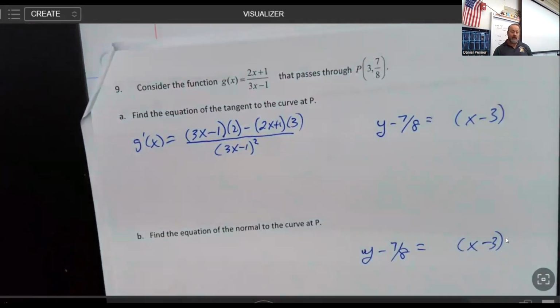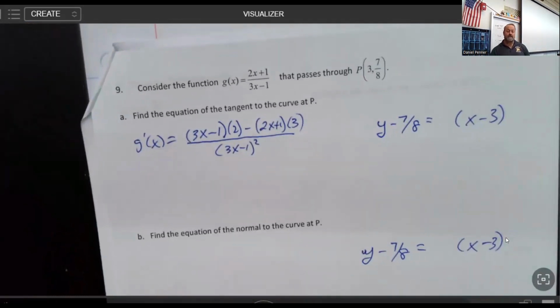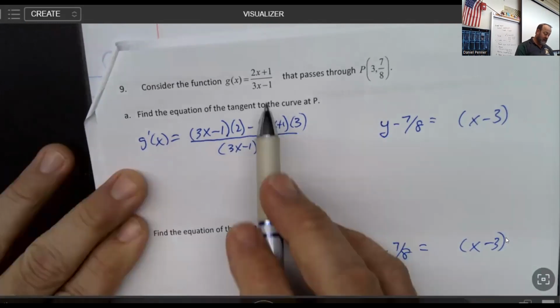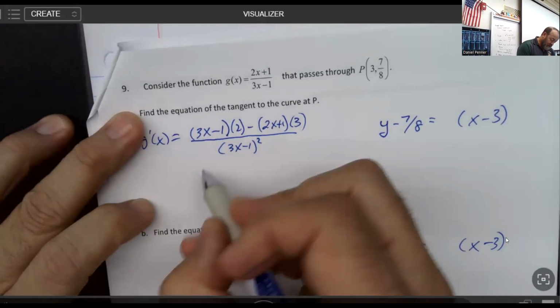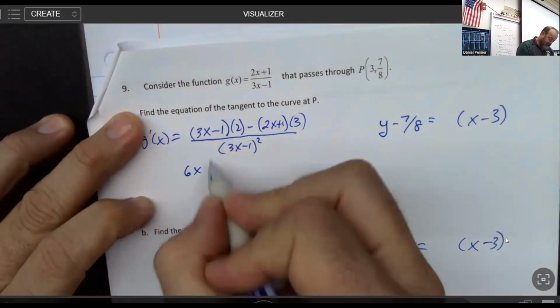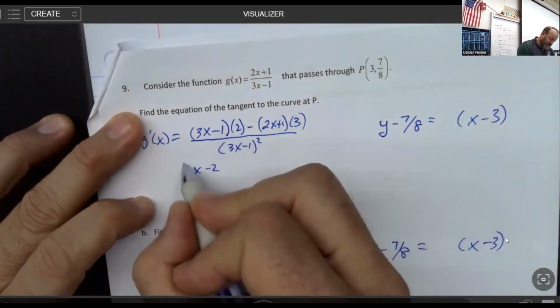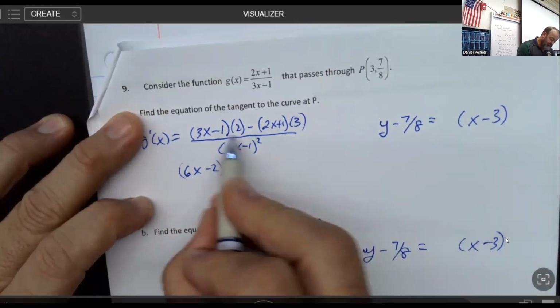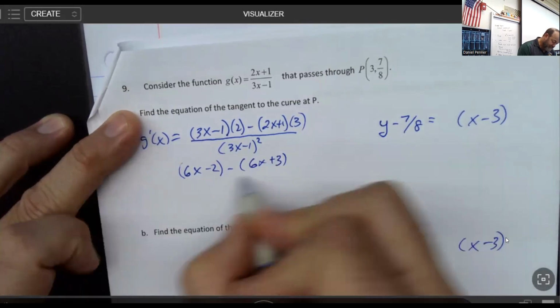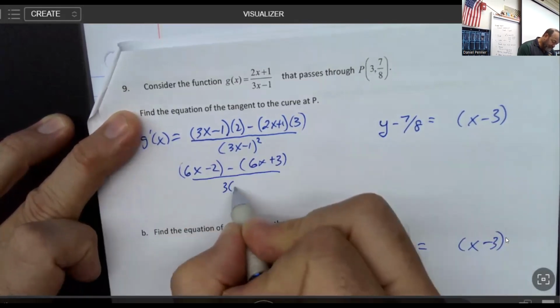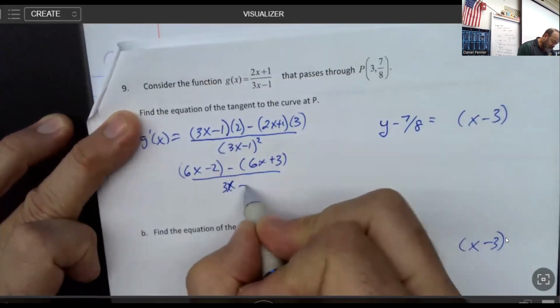Okay, so it's a low d high minus high d low. Low, the d high is 2, the d low is 3. Now, I do need to do a little distributive property because I would like to simplify that a little bit if I could. And that gives me this, 3 times 2x is 6x plus 3. So 3x minus 1 squared.